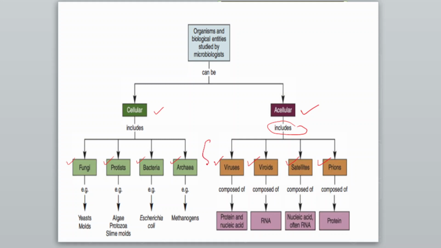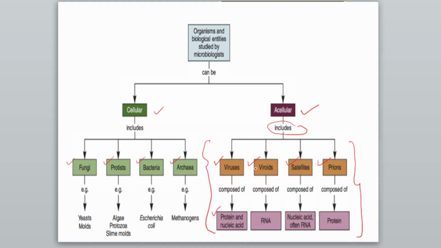So this section is slightly more important. In this you will get a question like, viruses are composed of proteins and nucleic acids. So you could get a question asking what viruses are composed of. Options would be given A, B, C, D. Then if you know that it is composed of protein and nucleic acid.